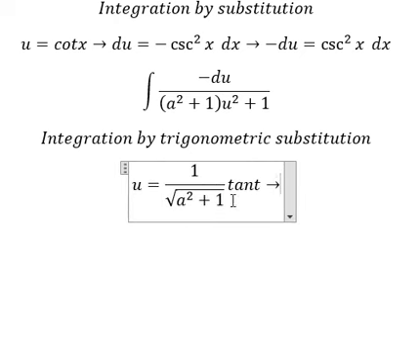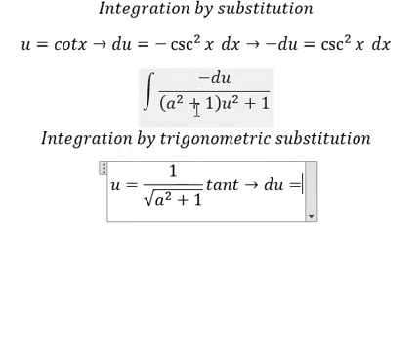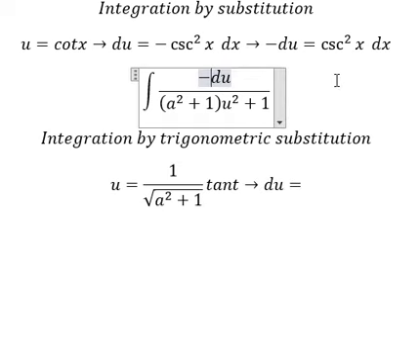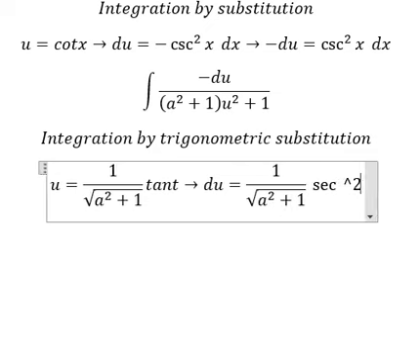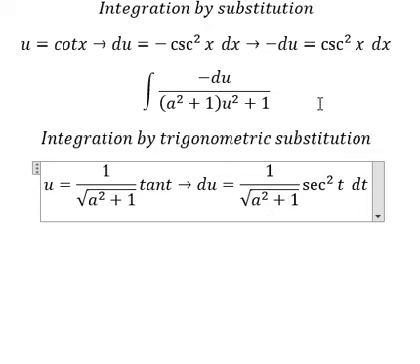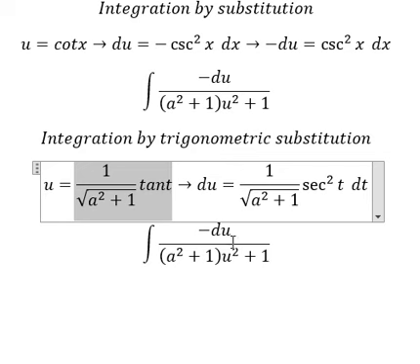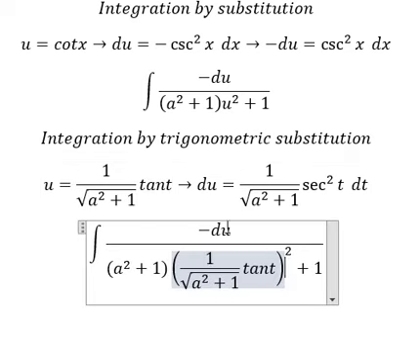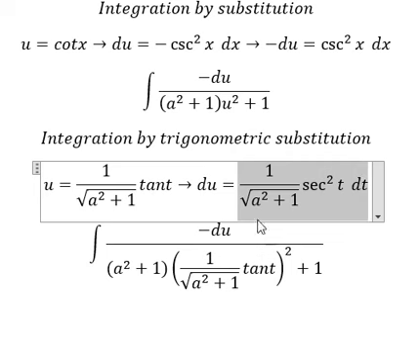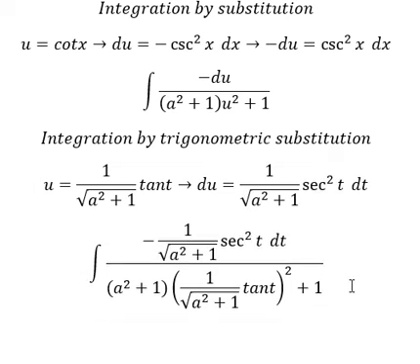After that we need to do first the derivative for both sides. This one going here, and we have secant of t squared dt. So I will put this one in here. Du, that is about this one. And now we simplify.